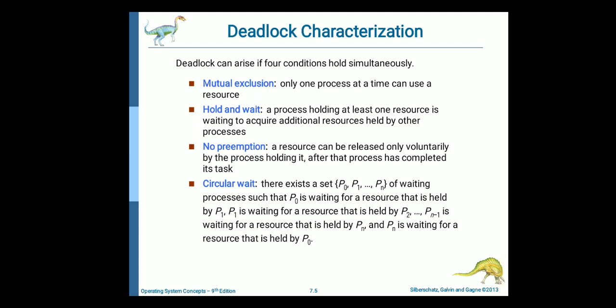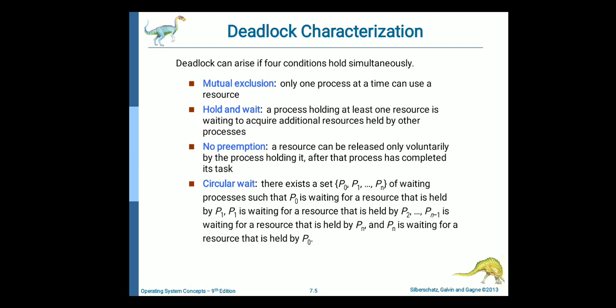This form of chain waiting is in a circular manner, which is why it is called circular wait. For example, P1 is allocated R2 and is requesting resource R1. Similarly, P2 is allocated R1 and is requesting R2. This forms a circular wait.